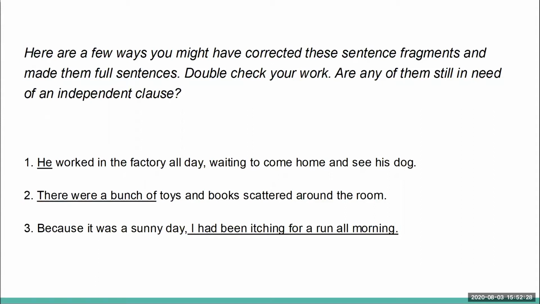But by removing the and, the first part of this sentence stays a dependent clause, but then we get the independent clause, I had been itching for a run all morning. We need no other information in that part of the sentence, and therefore it's an independent clause.